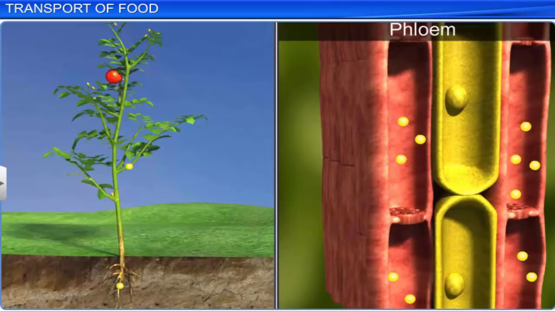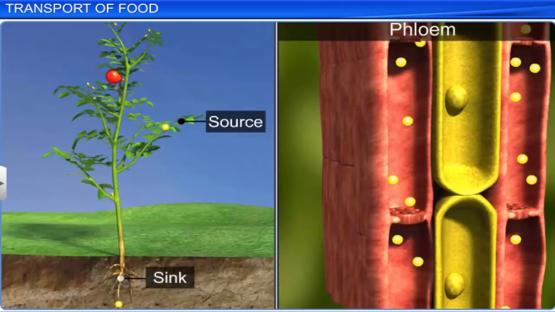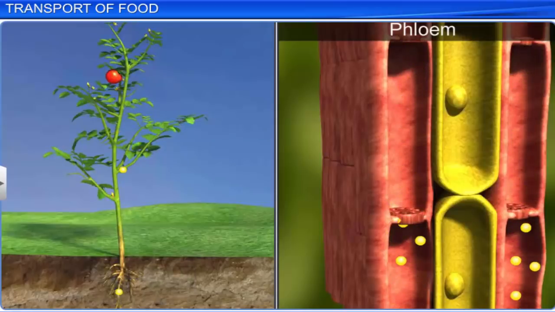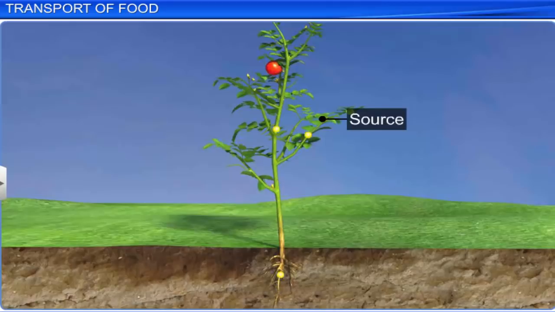Plant food is primarily sucrose. It is transported by a vascular tissue called phloem from a source to a sink. The transport of sugars inside the plant by phloem is called translocation. The leaf is usually the source, since this is where food is synthesized via photosynthesis, while a sink is any part of a plant where food is stored or is required.